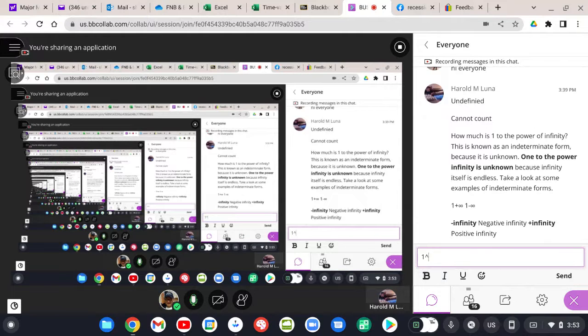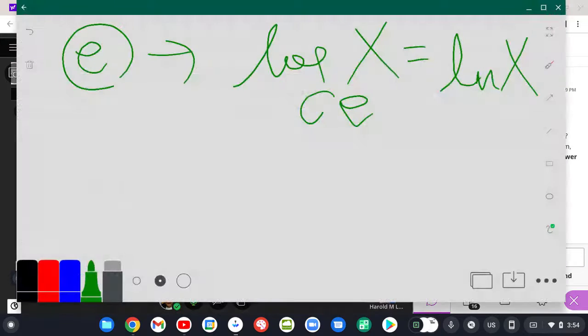I better show you using something else. Raised to negative infinity, that can be undefined, because raised to negative infinity means 1 over 1 over infinity, and that was already discussed.